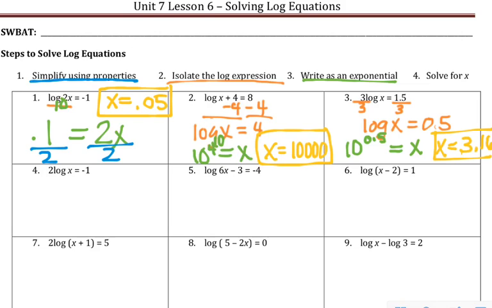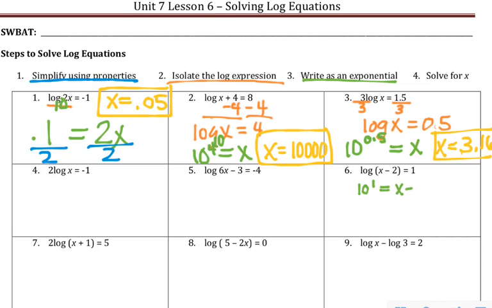In order to get rid of that 2, we've got to change this into an exponential. So what exponential could we write for this one? What would be the base of our exponential? The base is still 10. What's the exponent? Logs are equal to exponents, so 10 to the first power is equal to what?